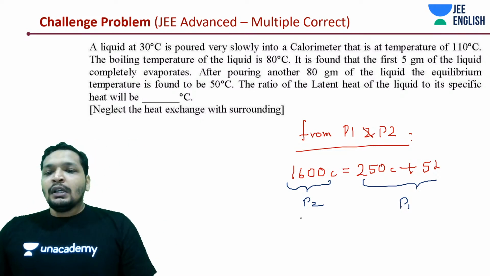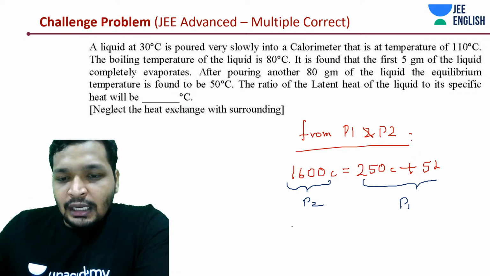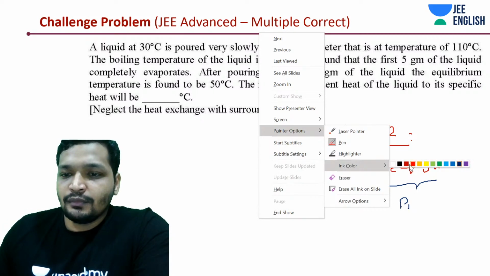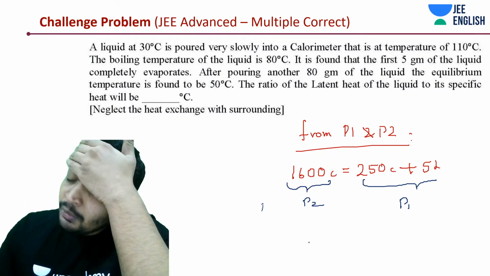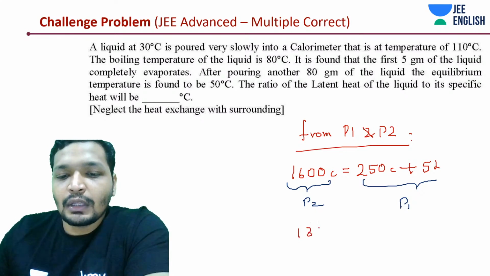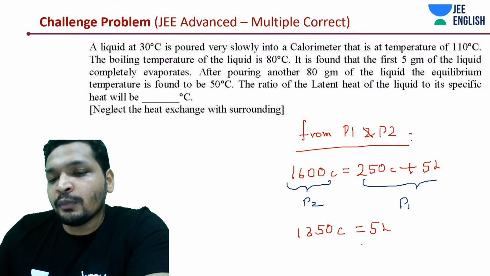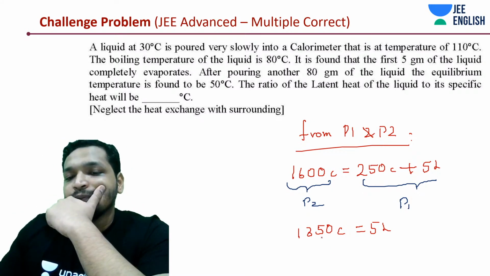Now you have an equation like this, where you would get 1350 C is equal to 5L. Multiply with 2 on both sides and cut off the 0.